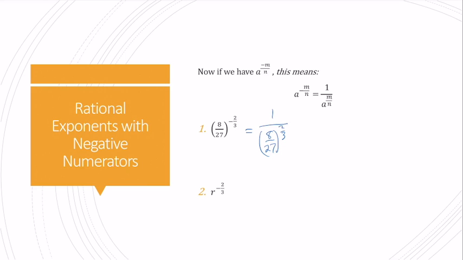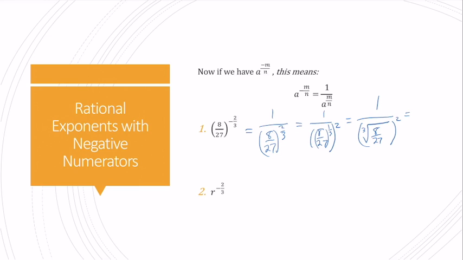Okay? So this is like saying I am taking 1 over 8/27 to the 1/3 power squared. So I'm taking the cube root of 8/27 squared.